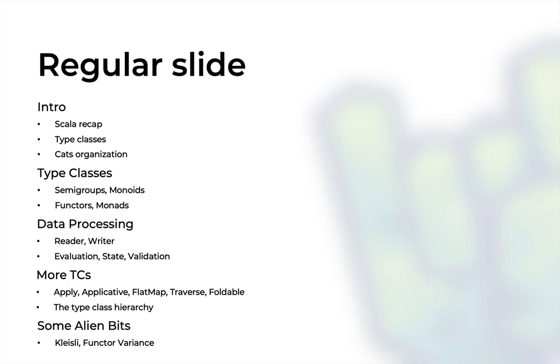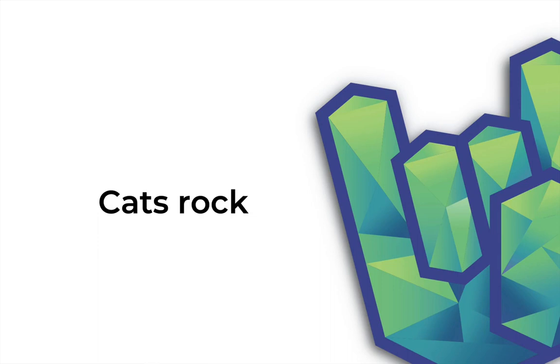At the very end, I'm also going to throw in a little bit of bonus content for some more advanced functional programming concepts in Cats, so that you can understand even the weirdest of code, including functor variants and Kleisli. Now, granted, I'm expecting that most of the words here on screen are already pretty alien, so I'm not going to be wasting more of your time, but rather I'm going to go straight to the point and welcome you into the next video, where I'm going to tell you a little bit about how to make the best out of this course.